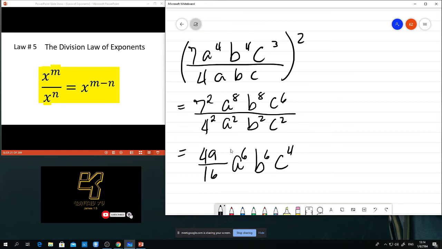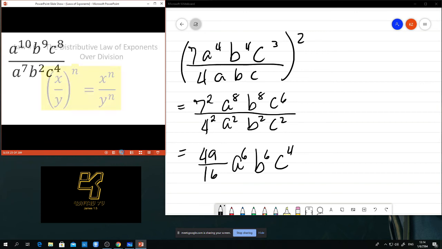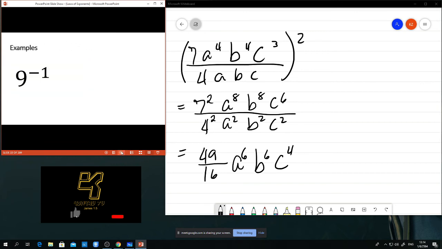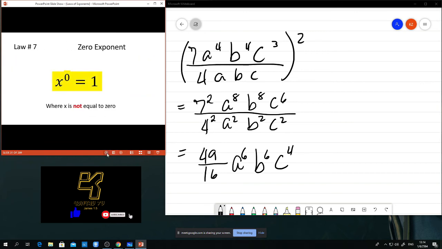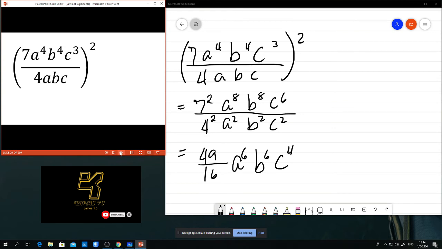Okay. So where are we now? I think we cannot simplify. Can we simplify 49 and 16? No. Okay. Just 49 over 16.